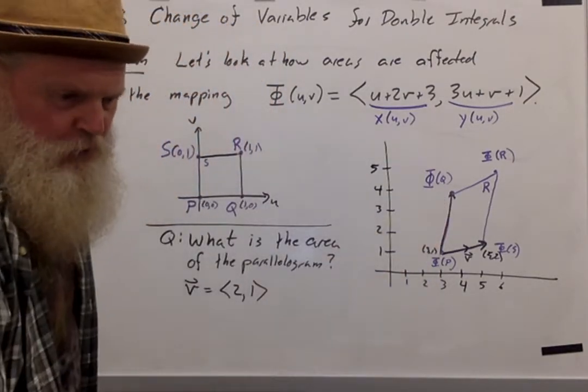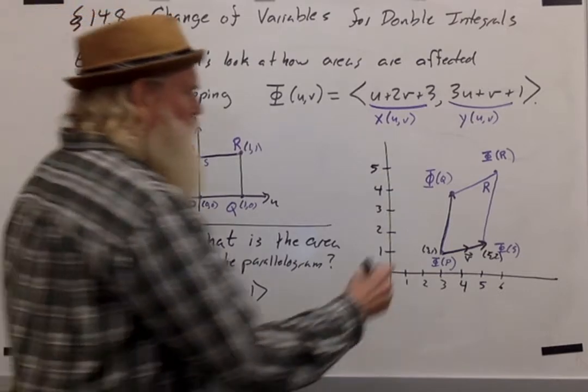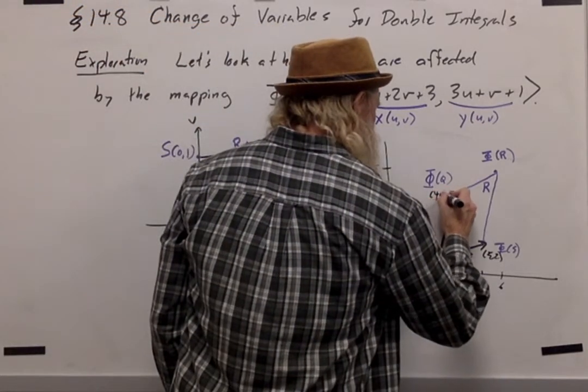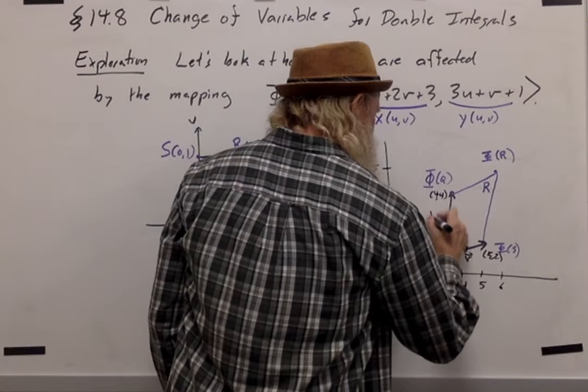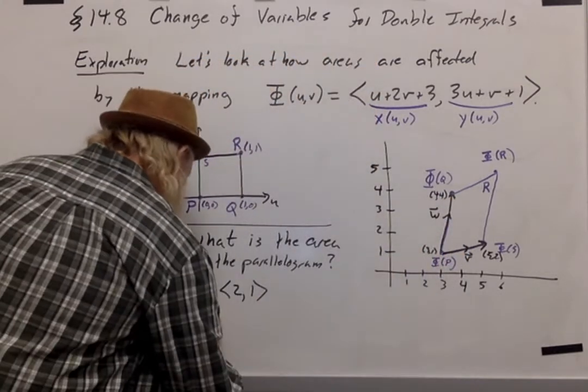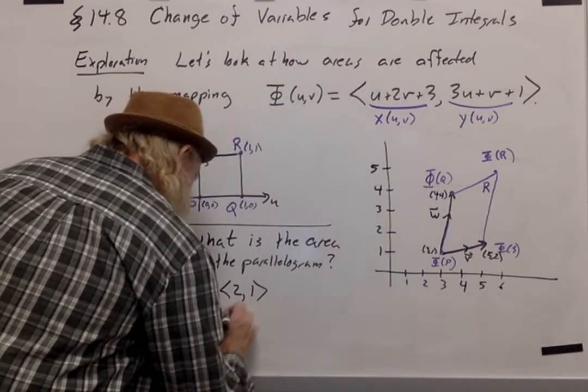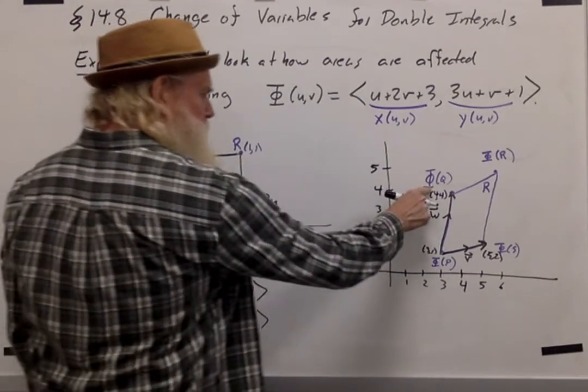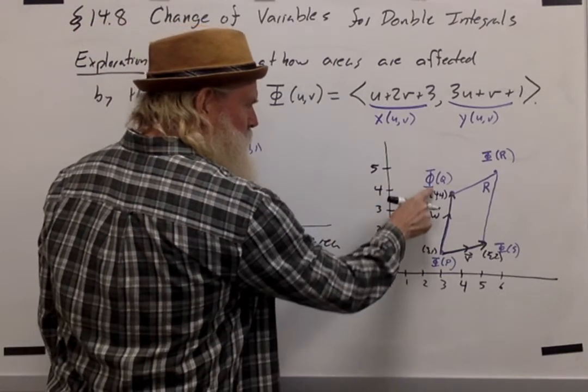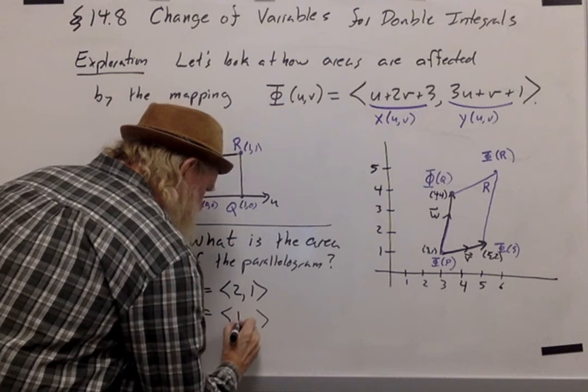Phi of Q was the point 4, 4. So if I call this vector w, then w I can get by taking the terminal point minus the initial point, which is 1, 3.